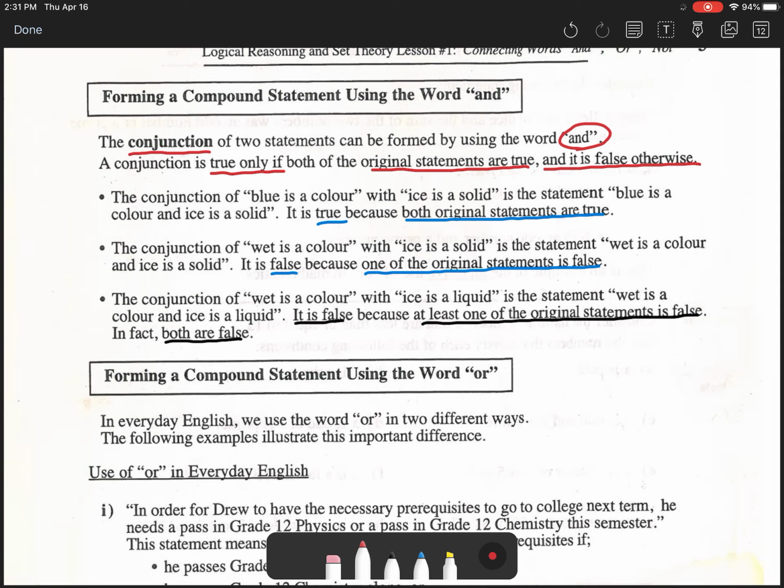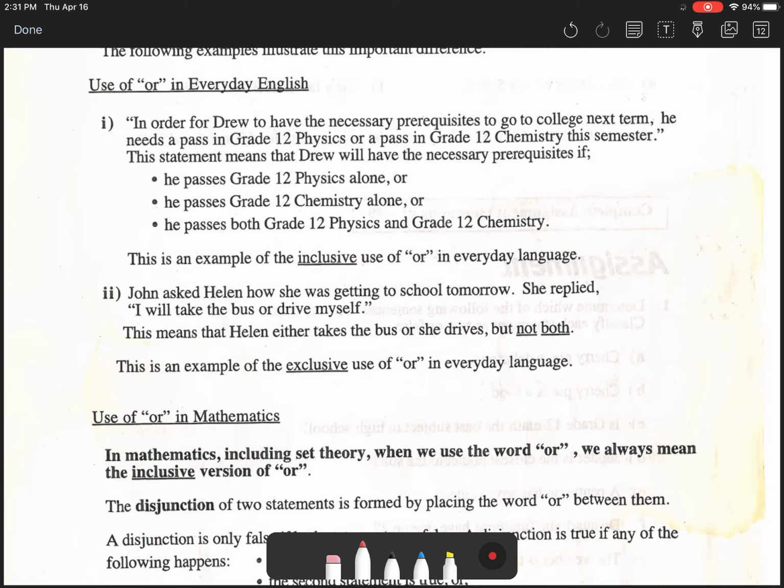Next, forming a compound statement using the word or. In everyday English, we use the word or in two different ways. The following examples illustrate the important differences. In order for Andrew to have the necessary prerequisites to go to college next term, he needs a pass in grade 12 physics or a pass in grade 12 chemistry.